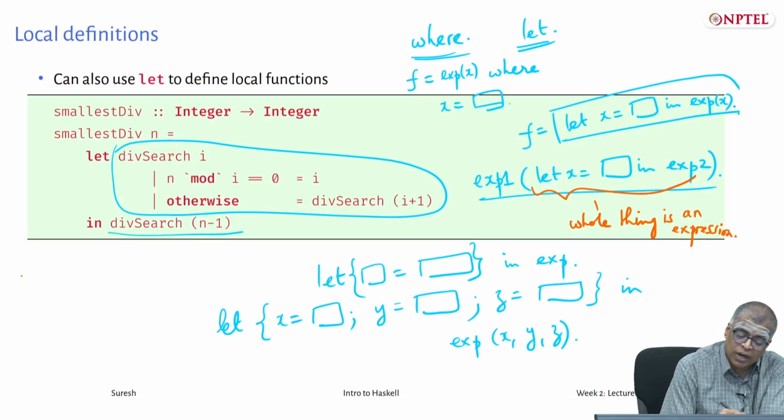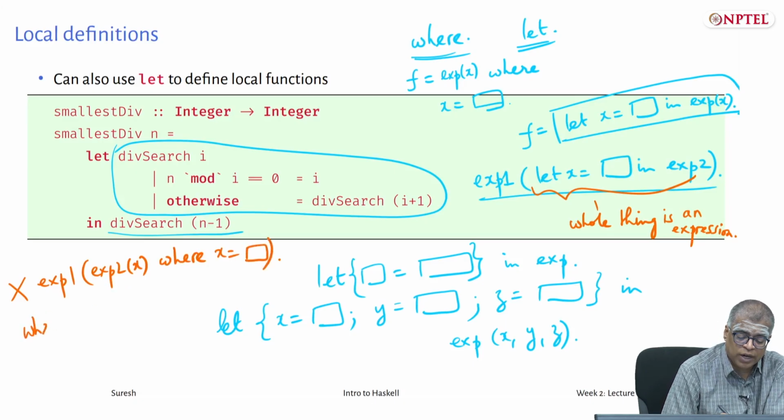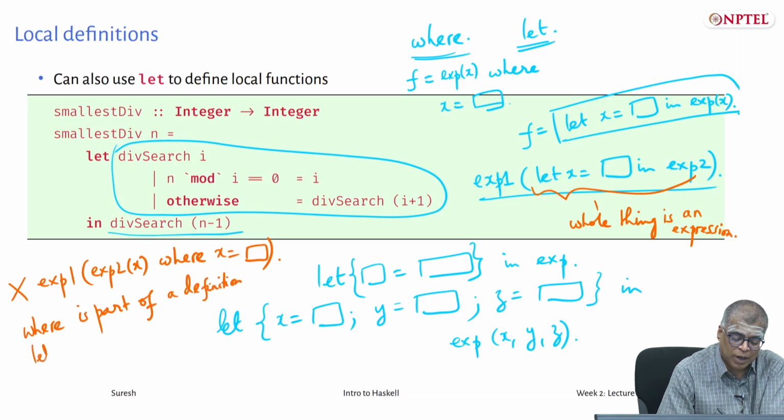Whereas I cannot write this, this is wrong to write, this exp 1. Why? Because syntactically, where is part of a definition, and let is part of the expression.